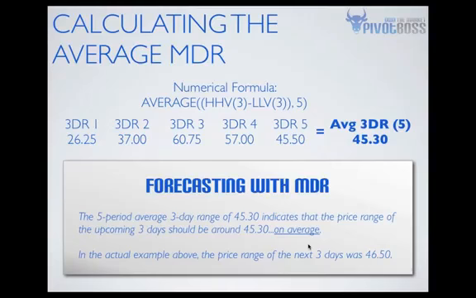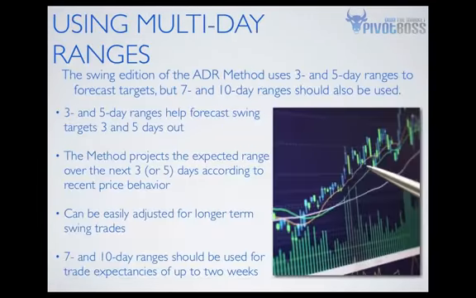If the 10-day average price move was 10 points, that doesn't mean tomorrow it's going to move 10 points, and the next day will move 10 points, and the day after will move exactly 10 points. Instead, sometimes you move 8 points, sometimes you move 12 points. Sometimes you move 9 points, sometimes you move 11 points. But it all averages out to 10 points. So when you're using multiple day range averages here, just know that the actual average isn't the primary target. It's actually used as a secondary target. And we'll look at those illustrations here very soon.